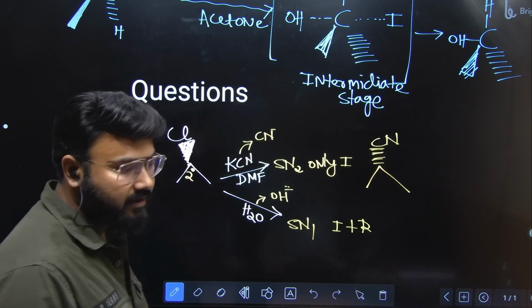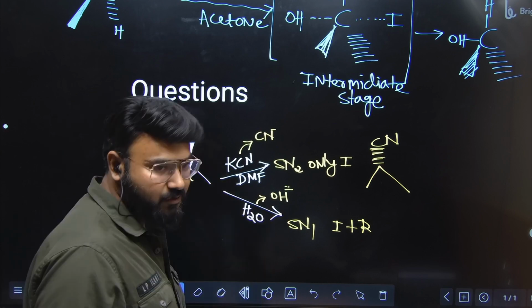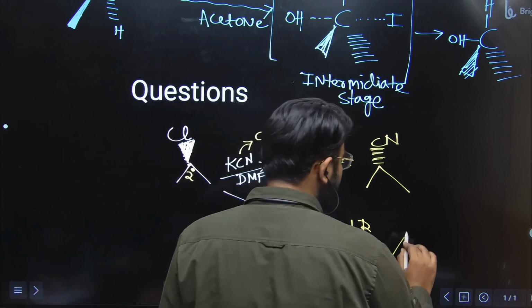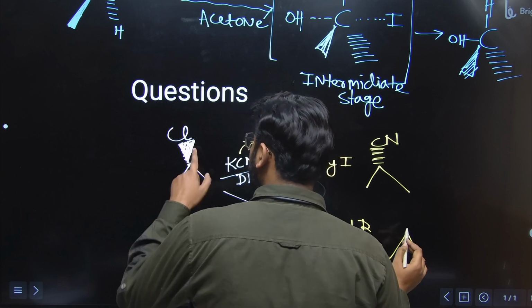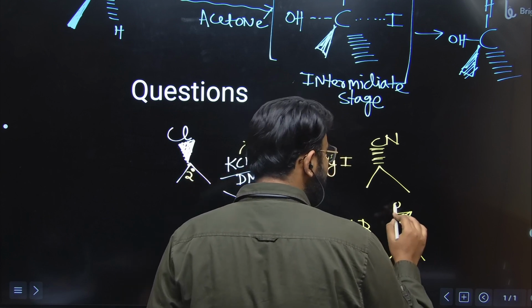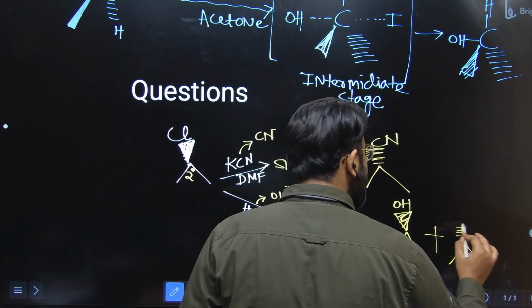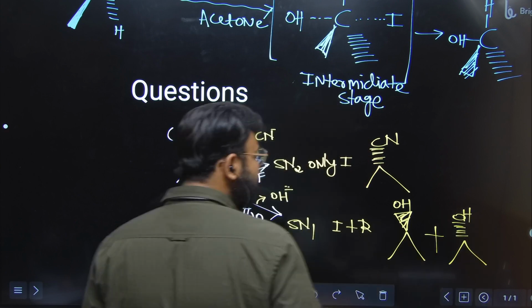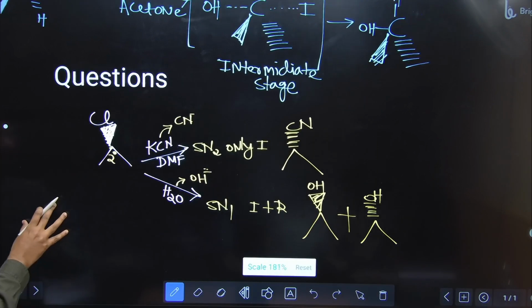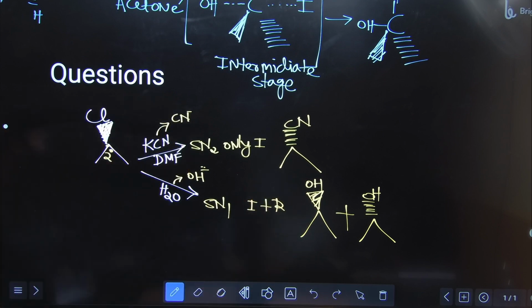I hope it is clear. And in this case, in place of Cl, you will put OH. It was a wedge, and when it remains a wedge, it's a retention. And you put OH, and the other one you make a dash with OH. So this is your retention and inversion, and the SN2 is only inversion. Online, is everyone clear? Understood the idea about it? Yes, sir.